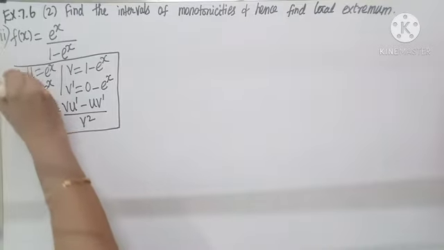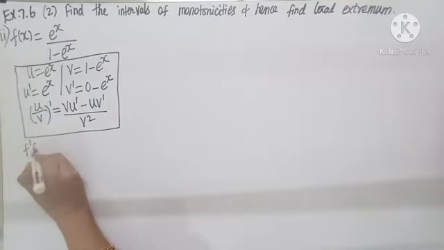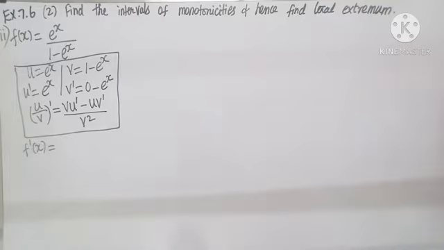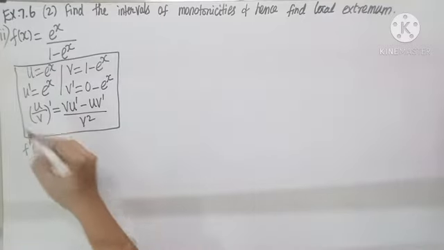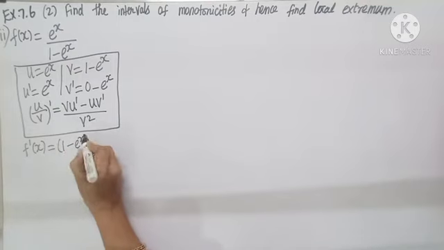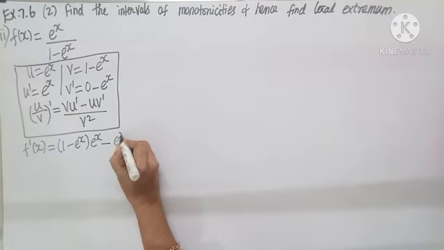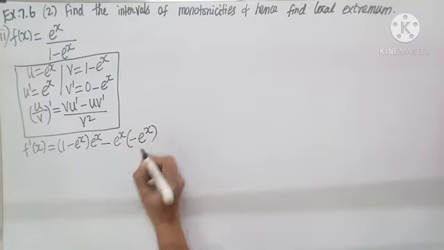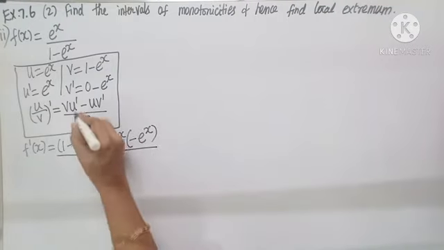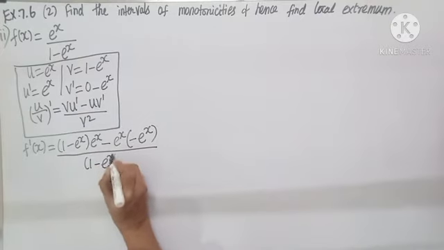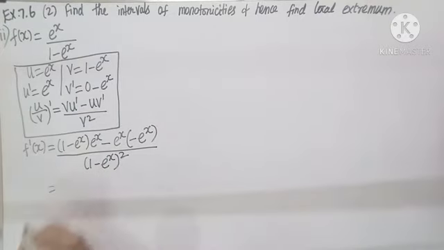Applying the formula in the problem, f dash of x equals v u dash, 1 minus e power x into e power x, minus u v dash, e power x into minus e power x, divided by v square, 1 minus e power x the whole square.